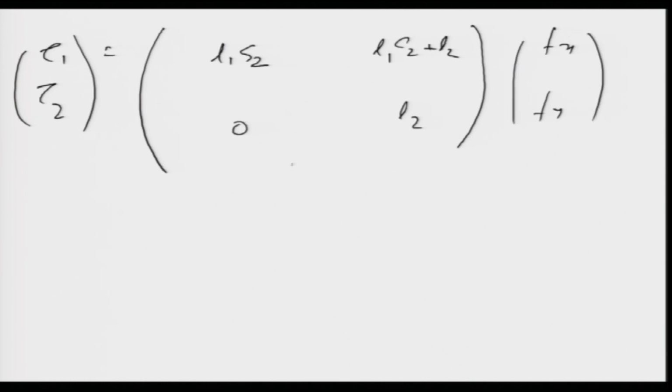Okay. Now, this is also called the Jacobian. Now, this Jacobian relates the end effector forces to the joint torques, and this is expressed in frame 3.